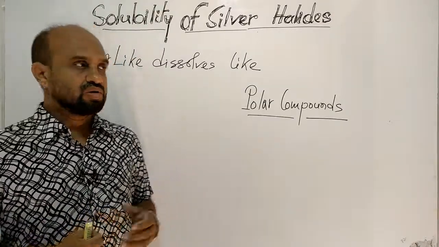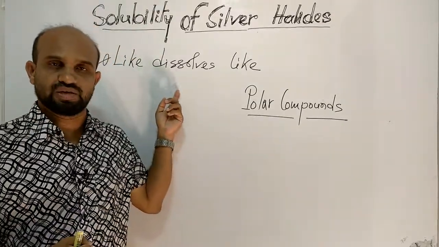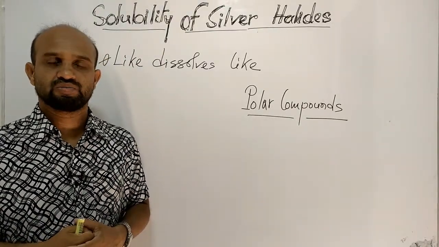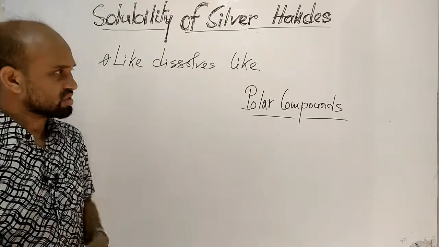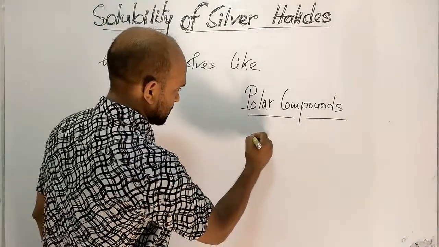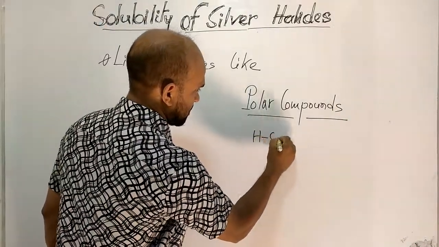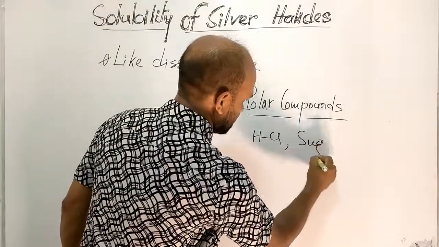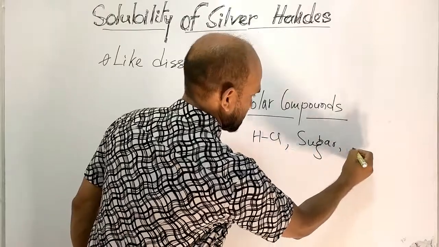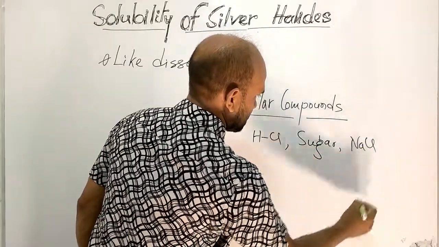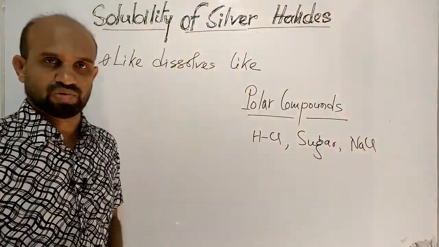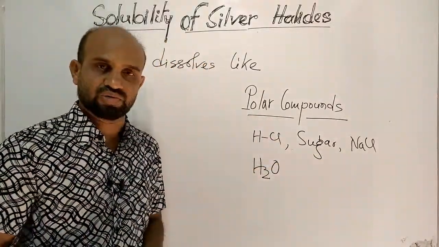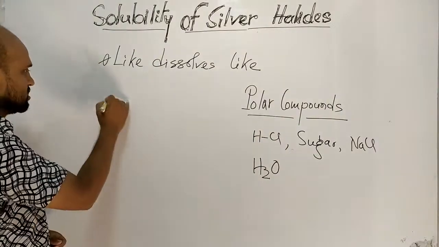The point is now, like dissolves like, meaning polar solute dissolves in polar solvent. Now let's see some polar compounds: HCl is a kind of polar compound, then sugar, sodium chloride, and water is a kind of polar compound. Let's see how this is polar.